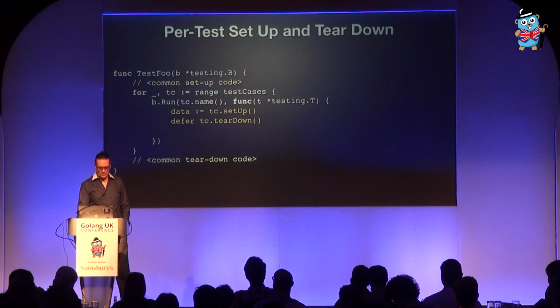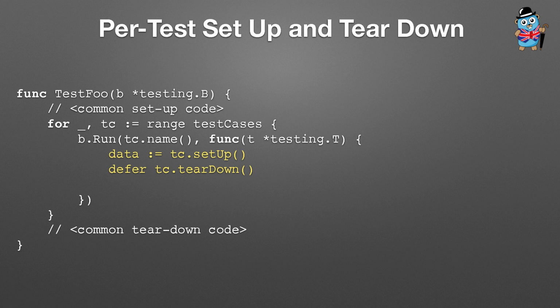Even though you could do this pre-1.7, for per-test setup and teardown, the way to do that is to just do it within the loop. But one thing that you could not do, or well, you could, but it was not very convenient, is to use defer in these cases, because typically within the loop you don't call within a function.